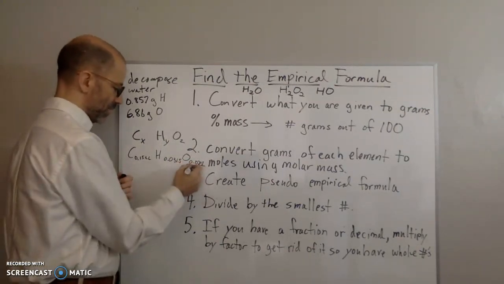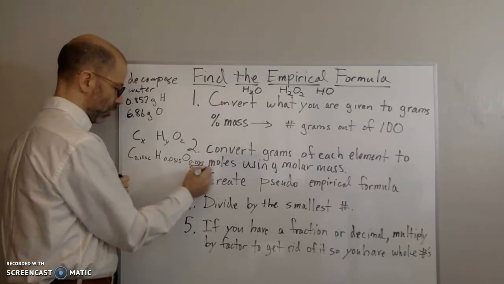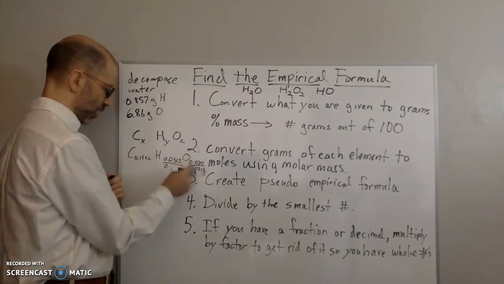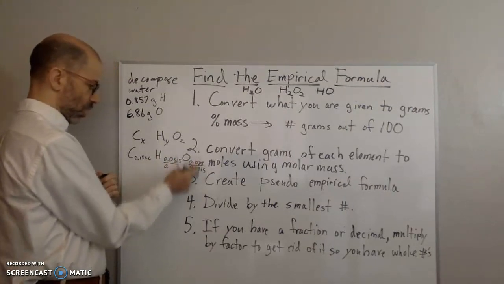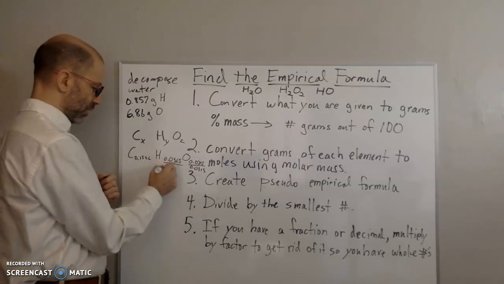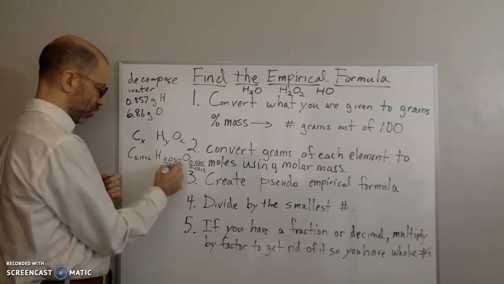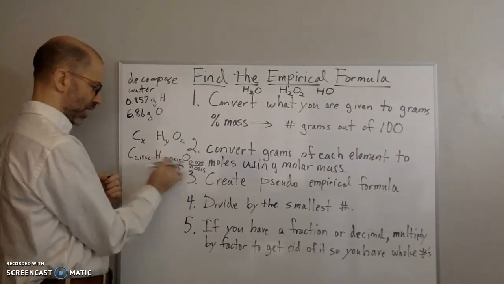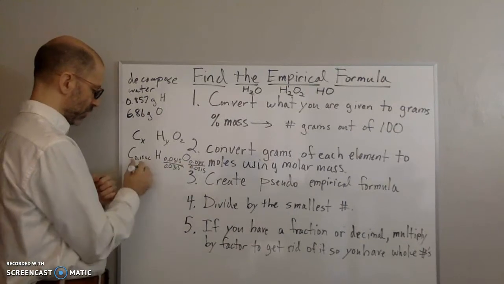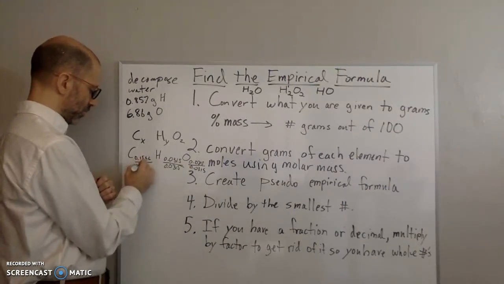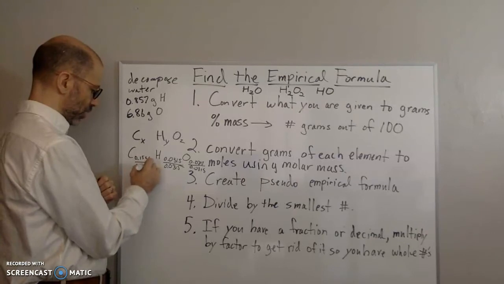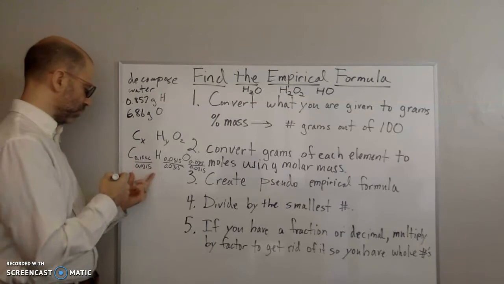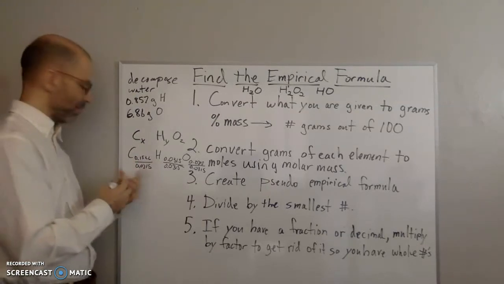So if I divide by 0.0315, which is the smallest one, this becomes 1 to 1, and this is also 0.0315, which becomes 1 to 1. So the ratio between hydrogen and oxygen will be 1 to 1. And then I'll get some number when I divide by 0.0315, so maybe this might be 5 or something close to 5.